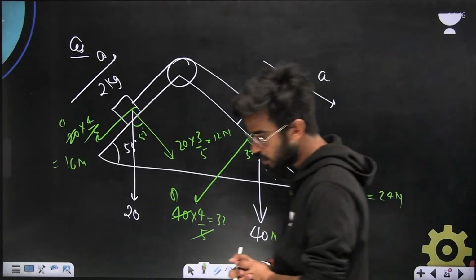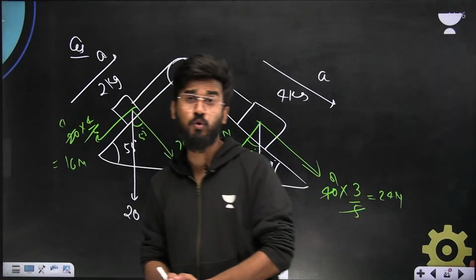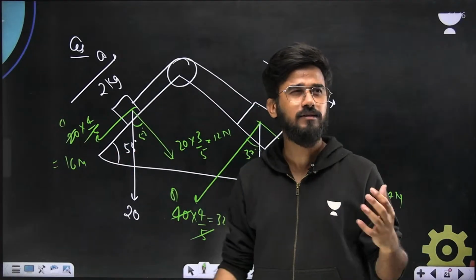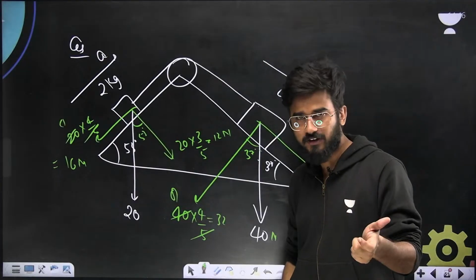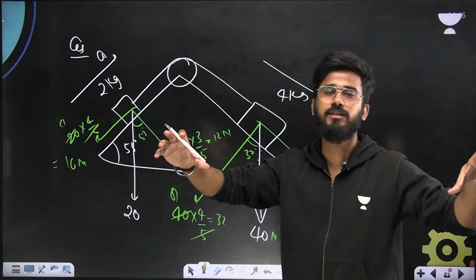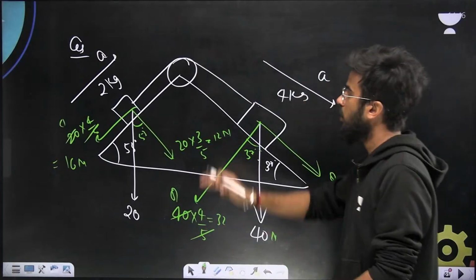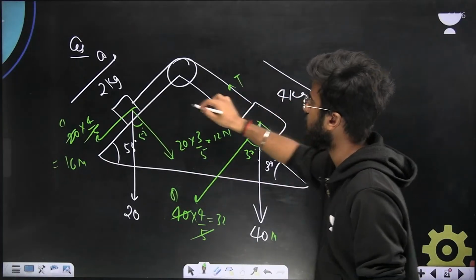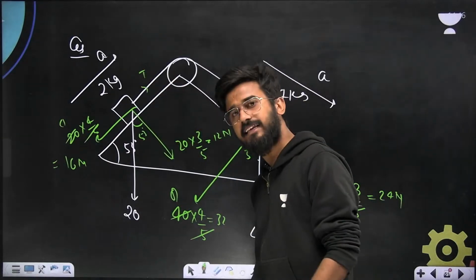One thing I've already told you, that if you have two blocks over a pulley, then this is just bread and butter for you, because you can just take it as a system, mark the forces and balance the forces. If he's not asking about the tension, just ignore it, because this tension and this tension will just cancel each other.